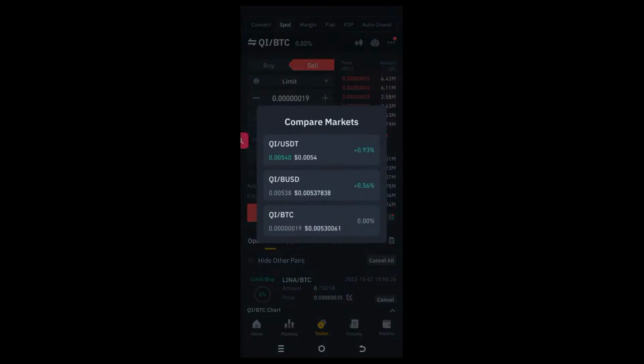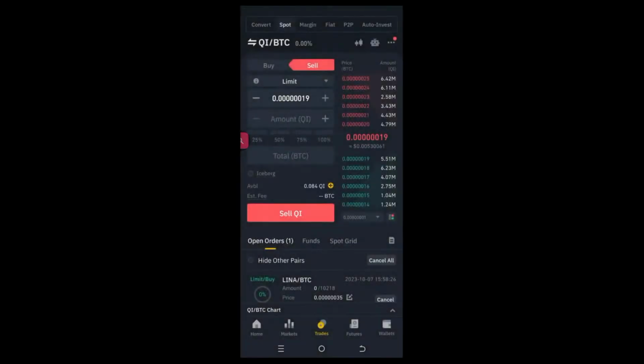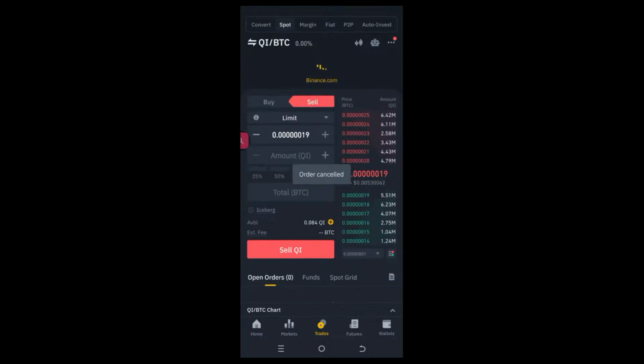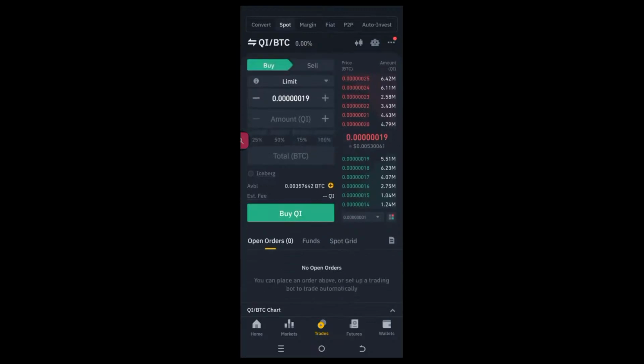So this is QI BTC. What will I have left? Let's just cancel it and see what it will give us. If it's not going to be favorable, we'll just go back to Lena BTC. Okay, so we'll do a quick simulation. Let's buy and see how much we can get.